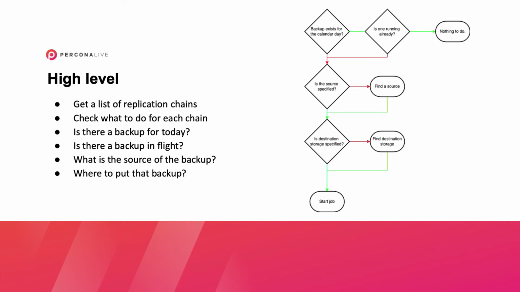So at the high level, we get a list of things to back up from service discovery: what databases do you want to have backed up, and check what to do for each of them. So for each replication domain or for each replication chain, we check what to do with them.